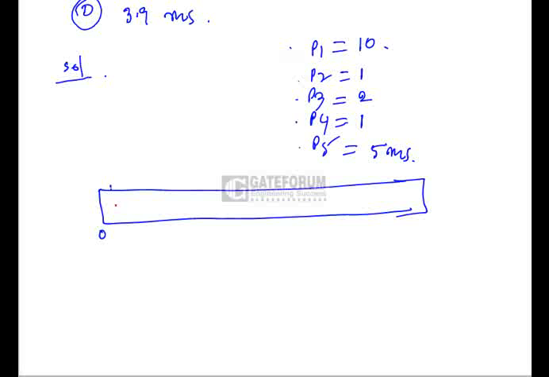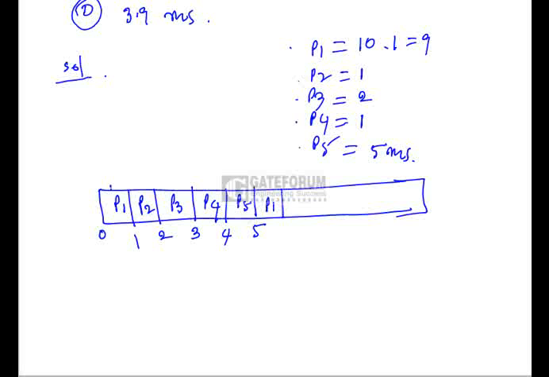So now it will execute P1. After 1 millisecond is over, remaining is 9. P2 will be executed up to 2, P3 up to 3, P4 up to 4, because every process slot is 1 millisecond. P5 is up to 5.